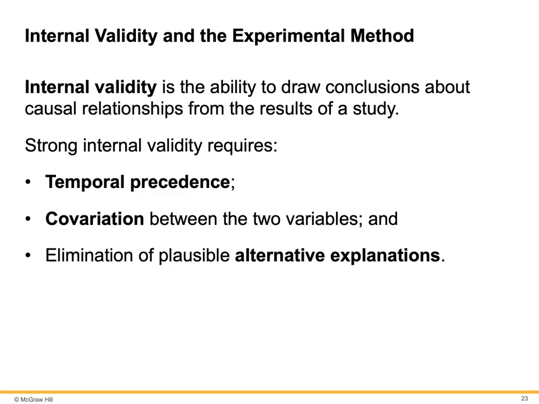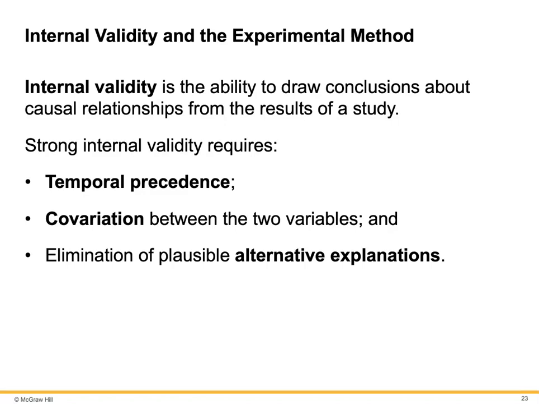whereas participants in a control condition, no exercise, do not show this effect. And lastly, eliminate plausible alternative explanations. There is a need to eliminate plausible alternative explanations for the observed relationship. An alternative explanation is based on the possibility that there is some confounding third variable that is responsible for the relationship that we're observing.